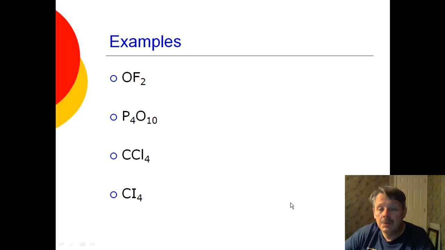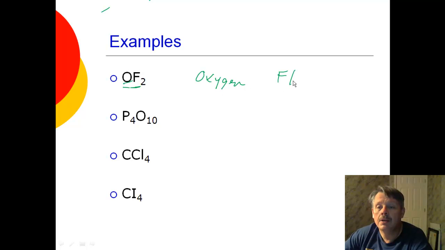So here are some examples. What are they? Well, the first word is oxygen. The second word is fluoride. So it's oxygen and fluoride. Now, I do have 2 fluorines, so I have to put the prefix di in front of fluoride. But I put nothing in front of oxygen because there's only one of them. All right, how about the next one?